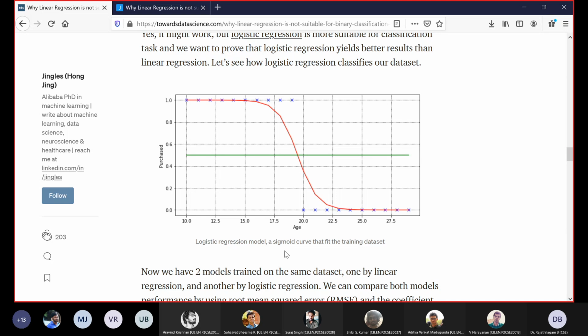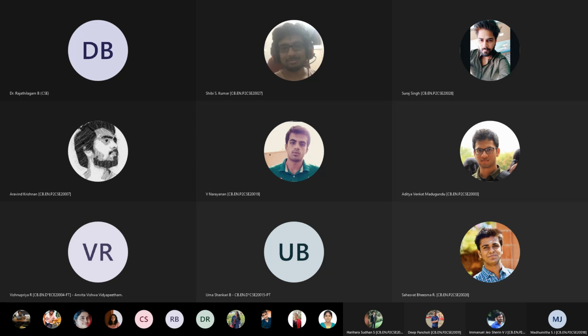So let me give you another example. Now you have to tell me whether linear regression will be suitable or not. I'm only taking very special examples.